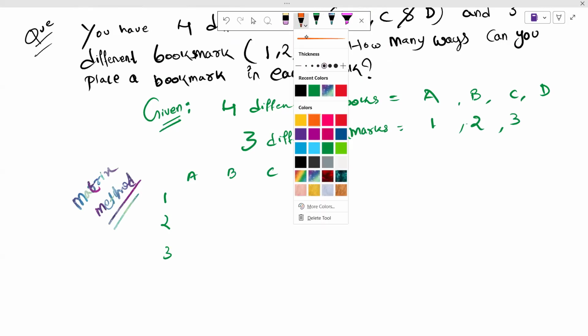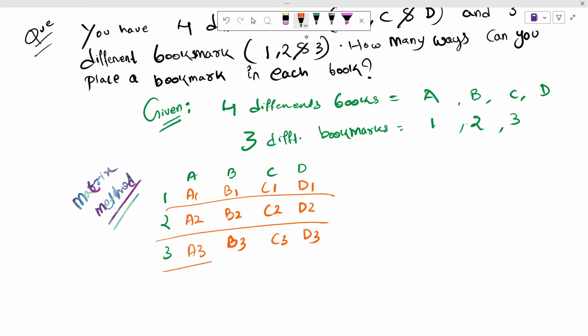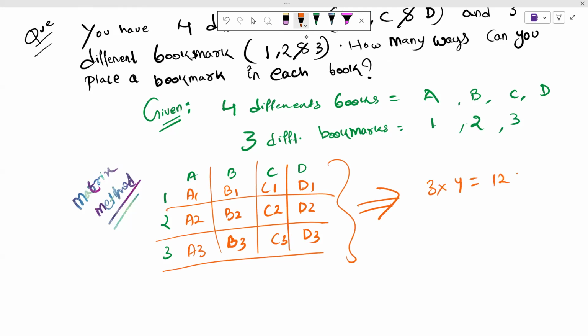So here A1, B1, C1, D1, then A2, B2, C2, D2, then A3, B3, C3, D3. If we calculate the number of rows and columns, it is giving a total of 3 multiplied by 4, which is equal to 12 ways.